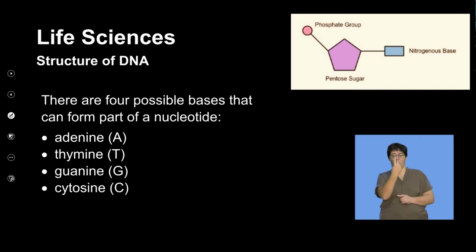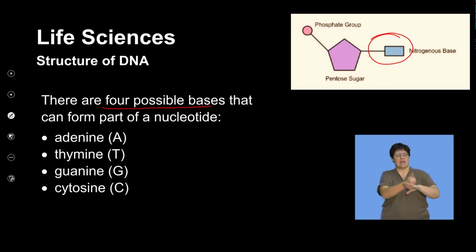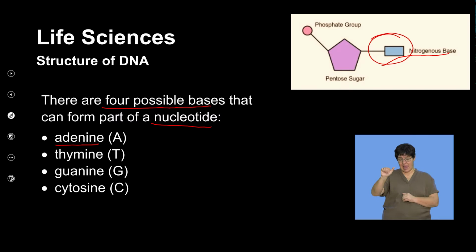Let's move on. When we look at the structure of these nucleotides, it's important that we recognize that there are 4 possible bases that can form part of a nucleotide. And these nitrogenous bases, which we refer to sometimes as bases, are adenine, and we often use the symbol capital A to represent that. Thymine, we use the letter capital T to represent that.